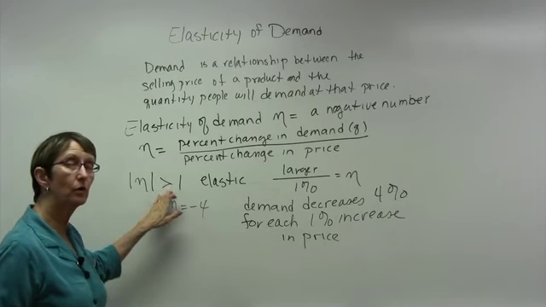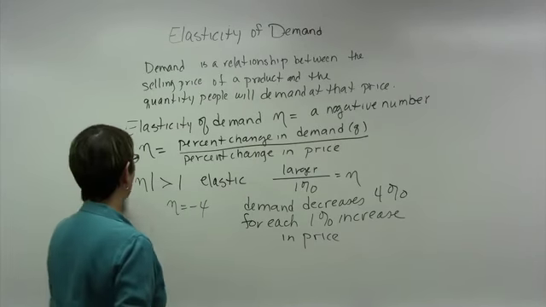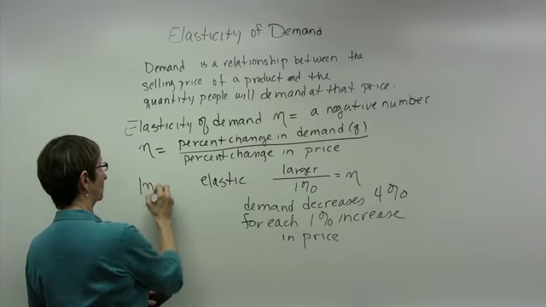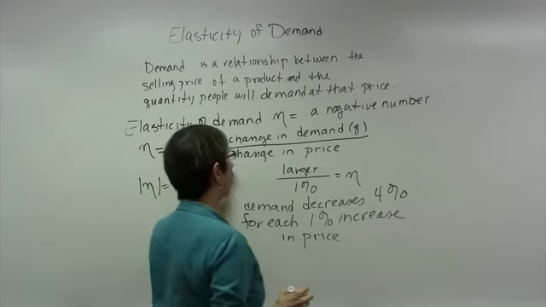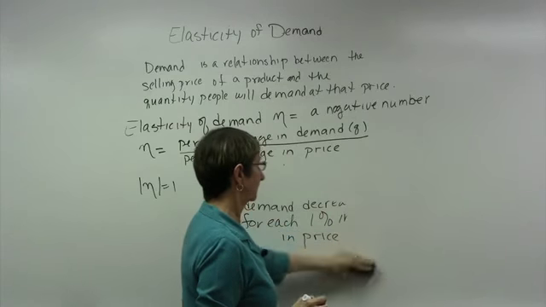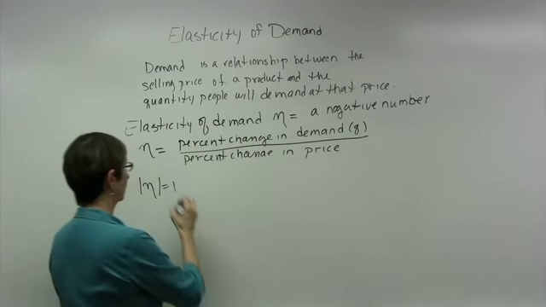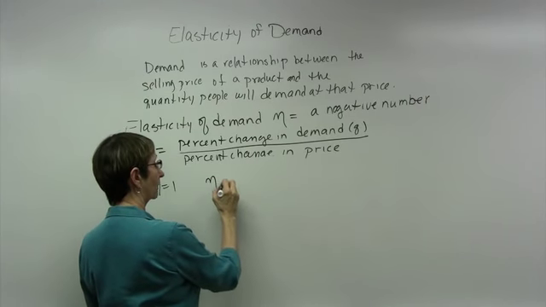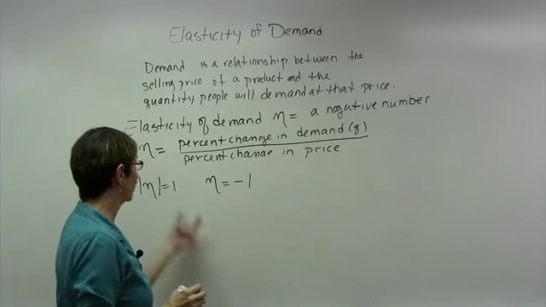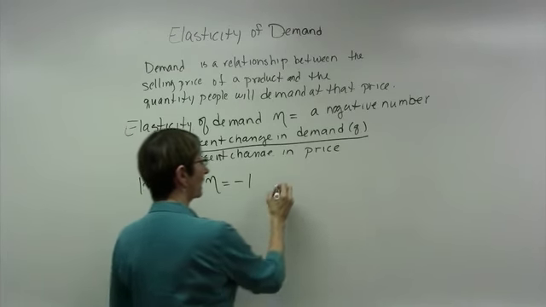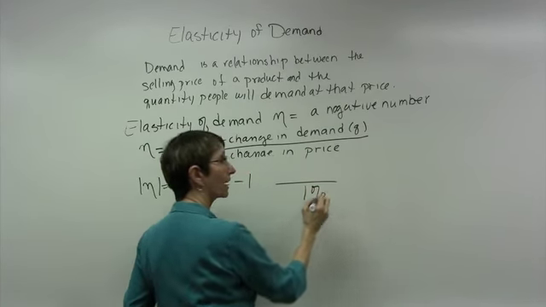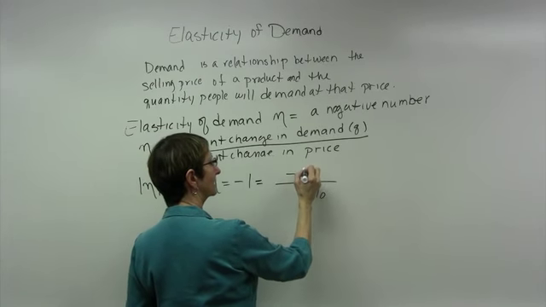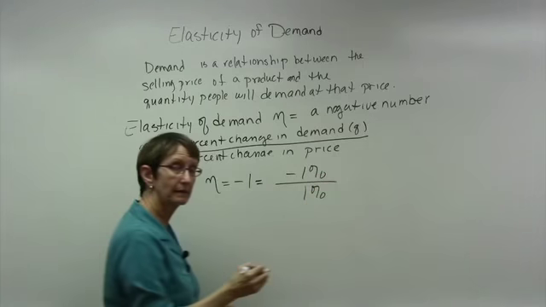So we've talked about greater than 1, we've talked about less than 1. Is it possible for eta to equal 1? Absolutely possible. If it's equal to 1 in absolute value, then that means eta itself would equal -1. So for a 1% change in price, we have to have also a -1% change in demand.